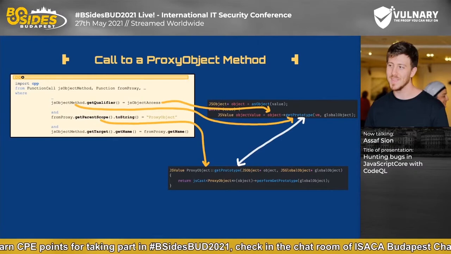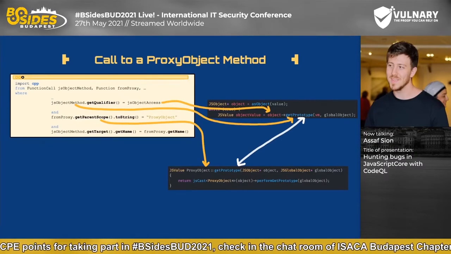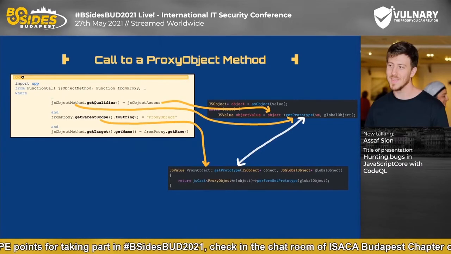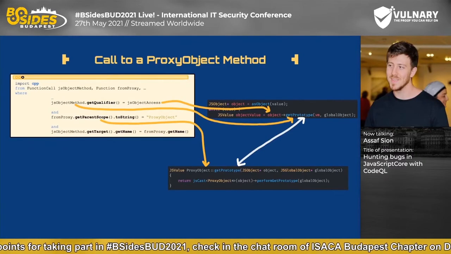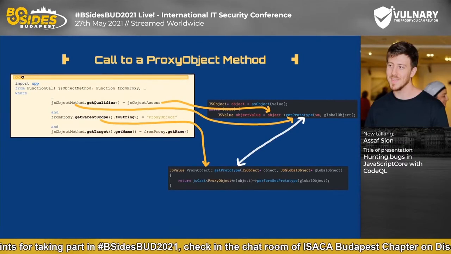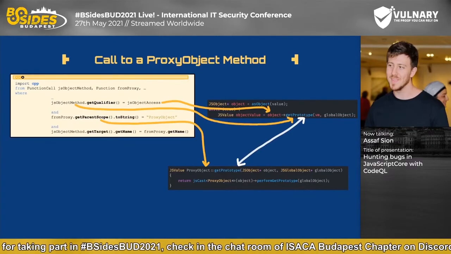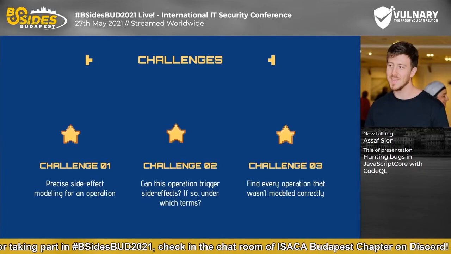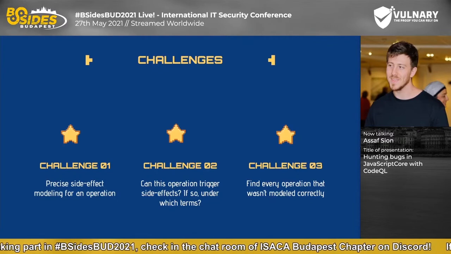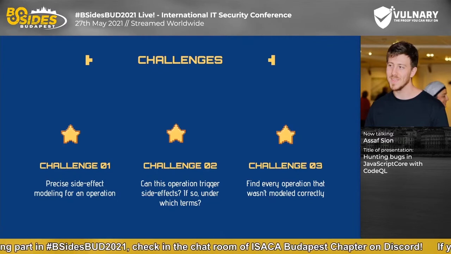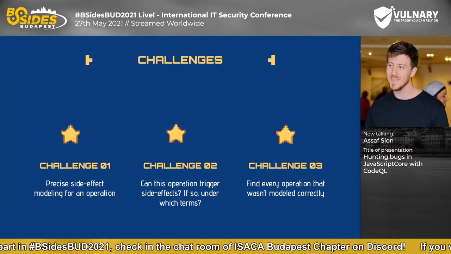So this will find all the JS operations that handle JS objects, and that these JS objects call methods that share the same name with a proxy object. We can now extract all the operations that can cause side effects, the side effect that we defined earlier, but that JavaScript core assumes they cannot cause side effects, and this is exactly where the bug lies.